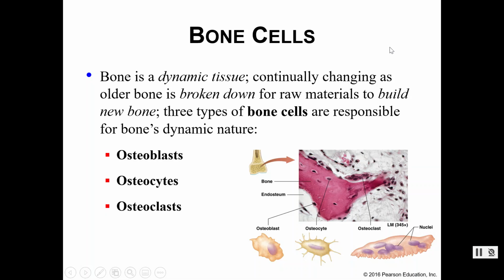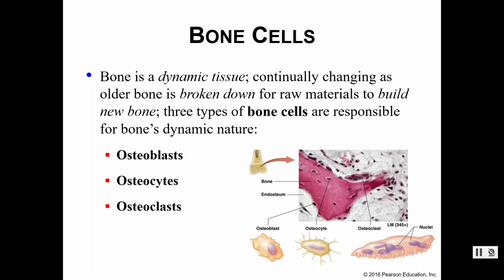We have three main types of bone cells that we'll discuss. And remember, these bone cells, we can find them most predominantly in the endosteum. We threw that word around a little bit ago. Bone is alive. Bone is dynamic. Bone is always changing.